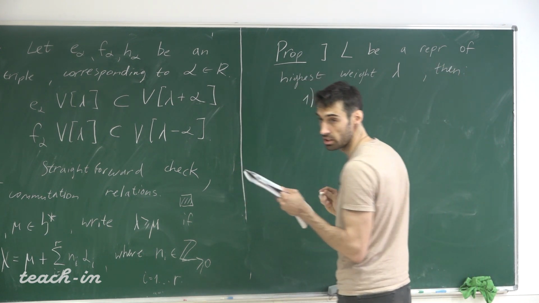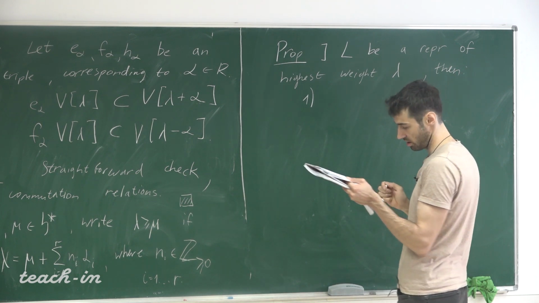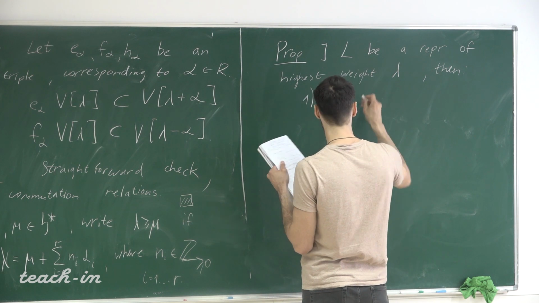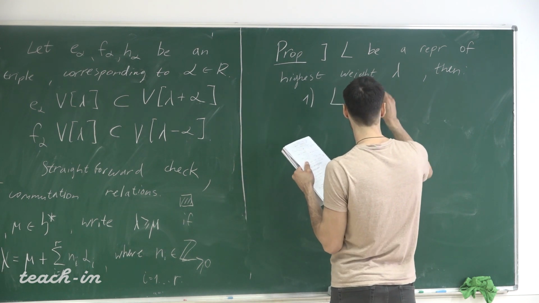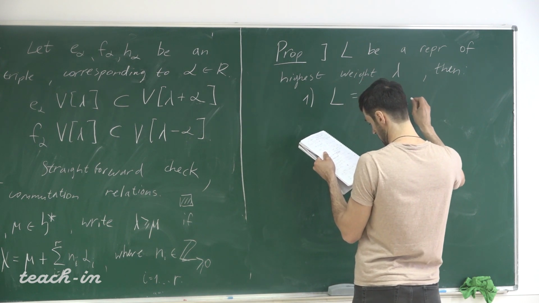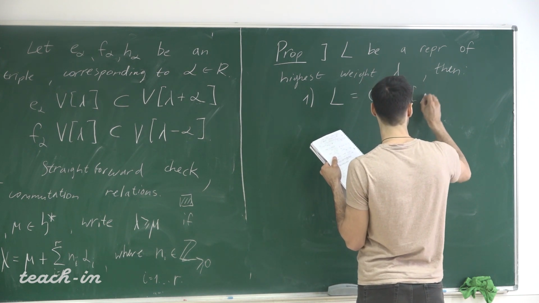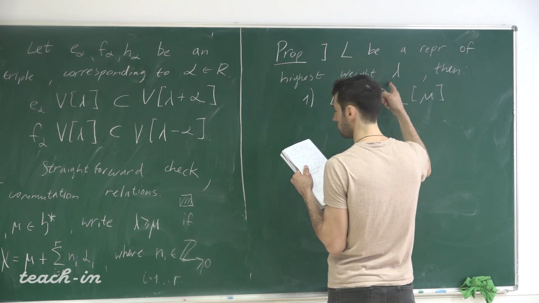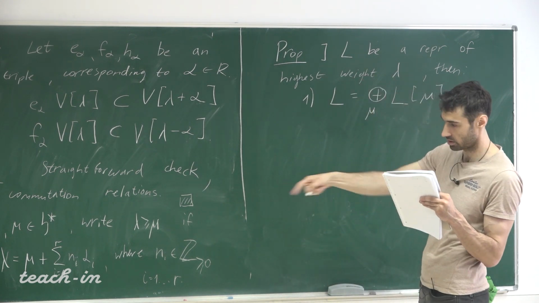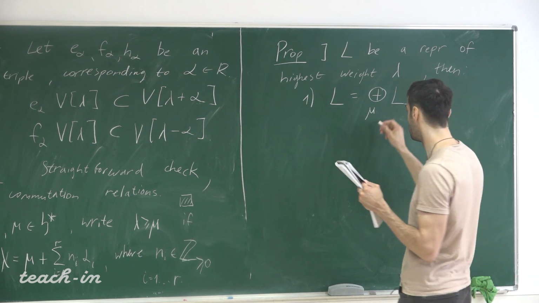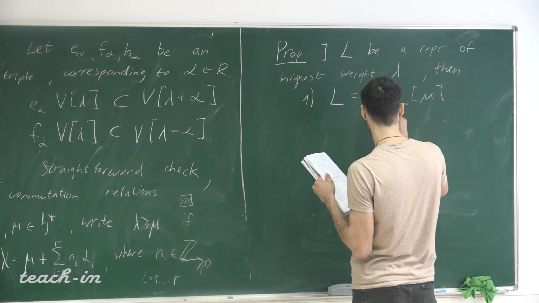First, it admits weight decomposition, and this weight decomposition is specific again. So it's a direct sum of L mu, where mu is comparable to lambda, first of all, in this partial order, and it's smaller or equal to lambda.